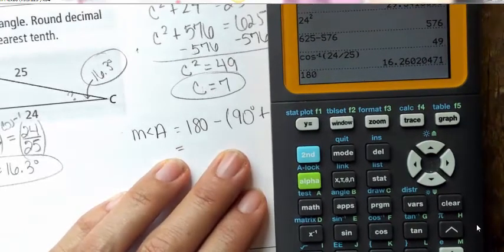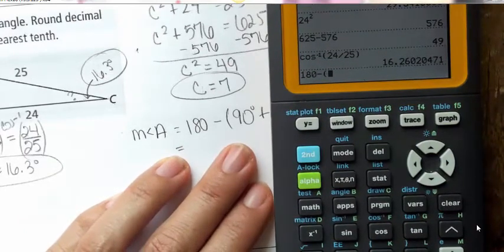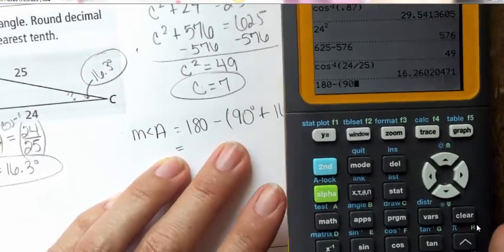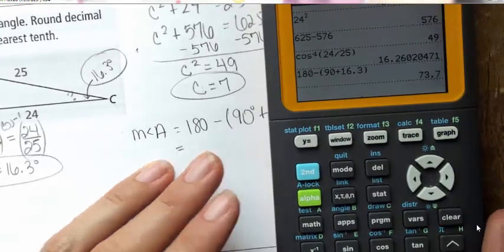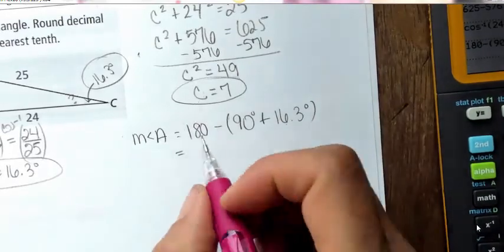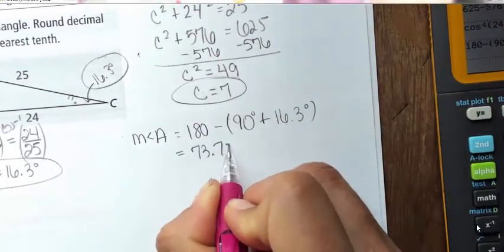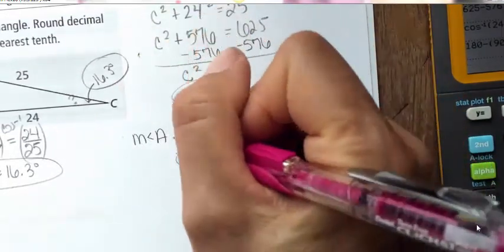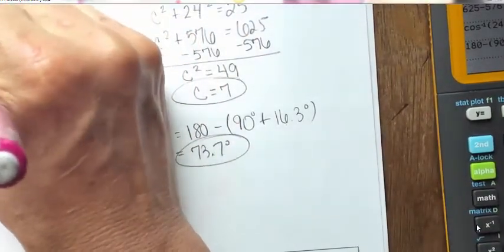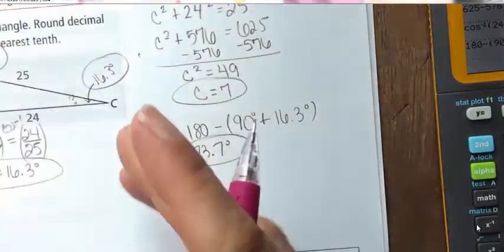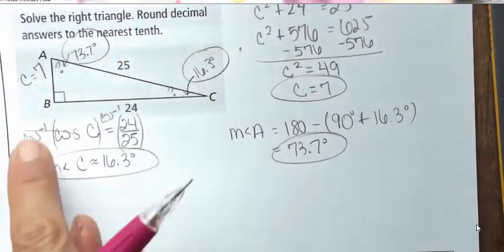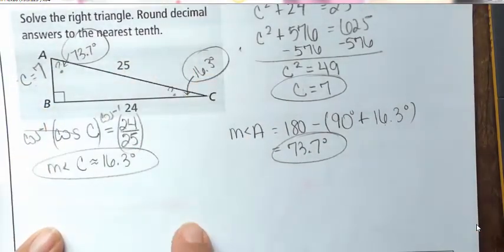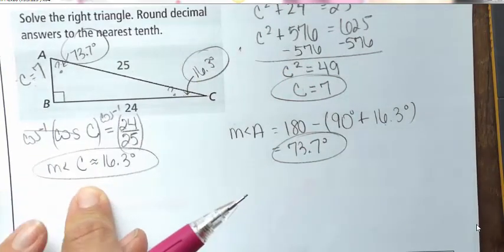So in my calculator, I can subtract all of those parentheses plus 16.3, which is 73.7 degrees. And I'll also write it here. Now when I look at this triangle, I can see that I have all three sides and all three angles. And I've also circled my work here, and my answers, I should say.